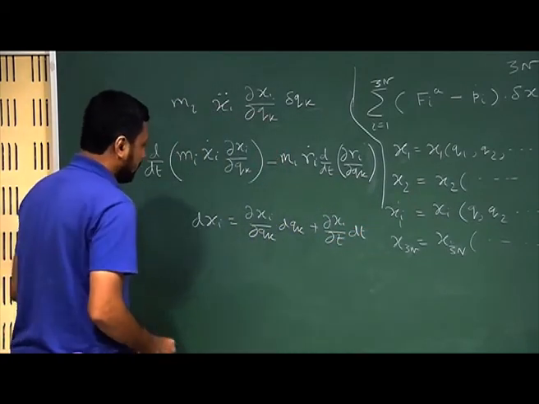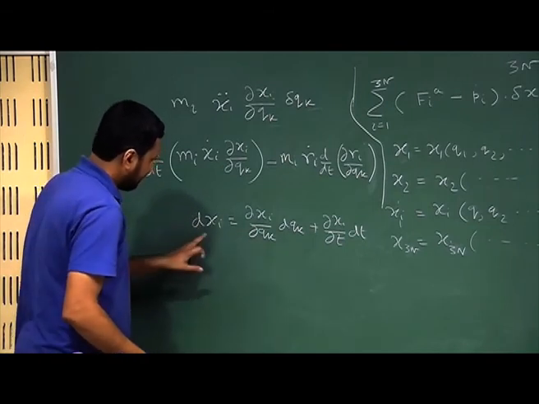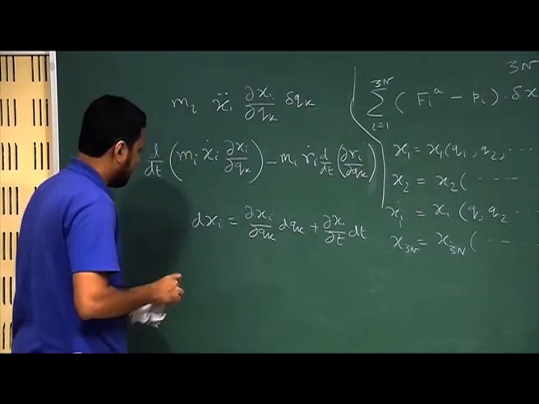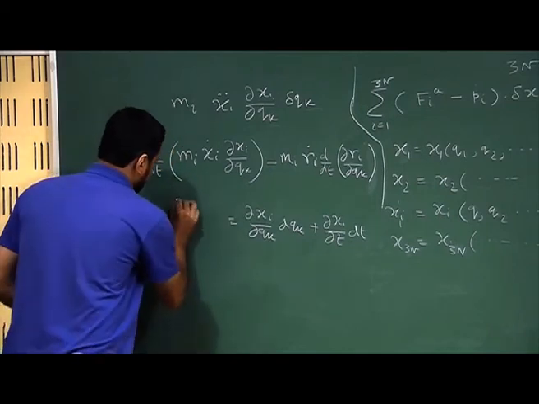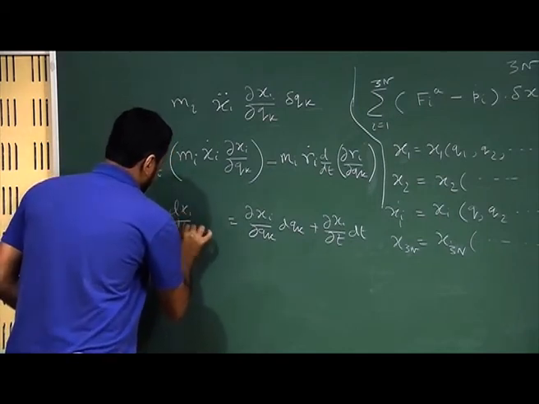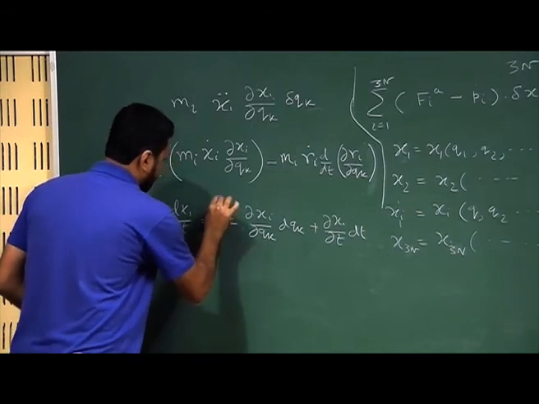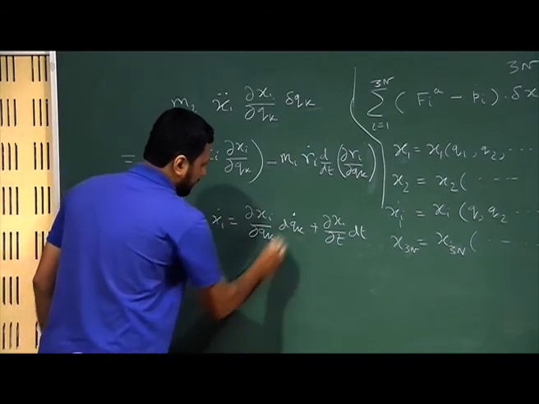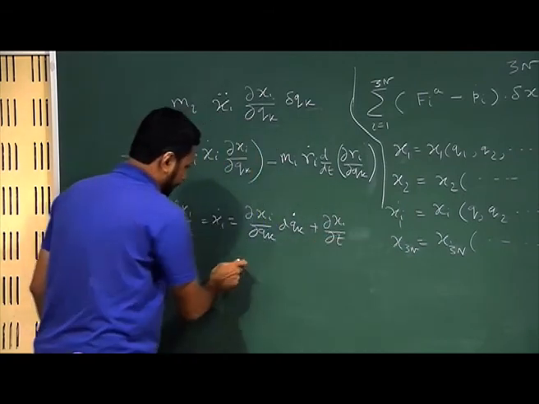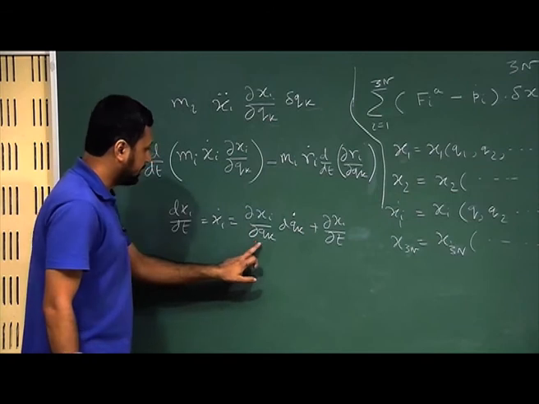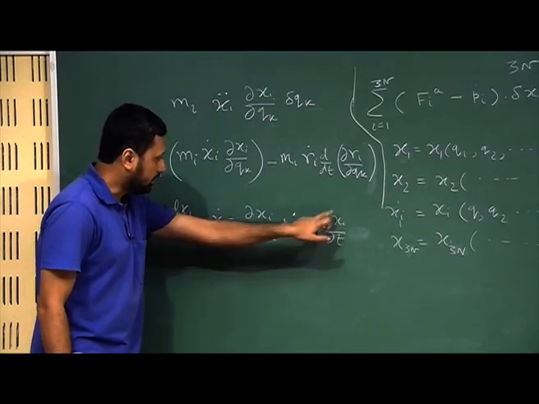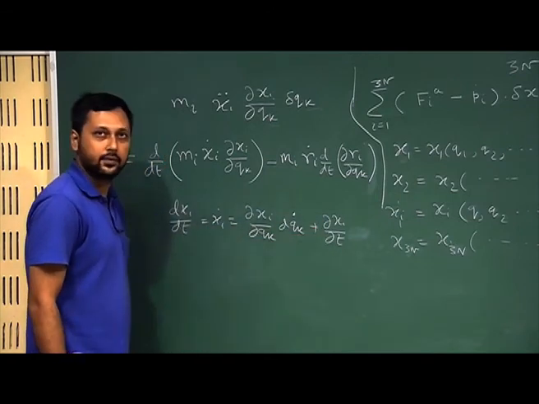If I write the total time derivative, which is dxi/dt, which is xi dot, then xi dot is equal to del xi del qk times qk dot, plus del xi del t.